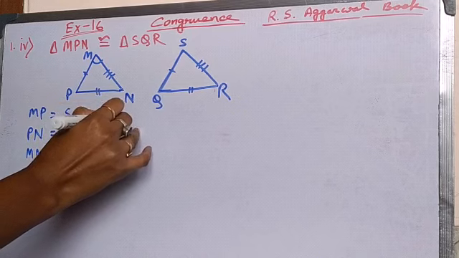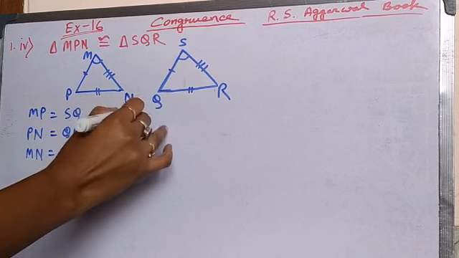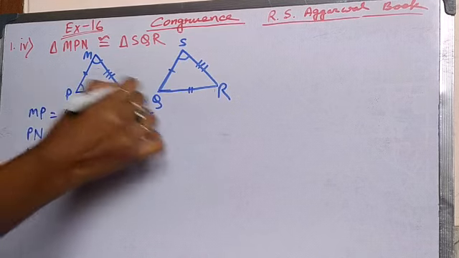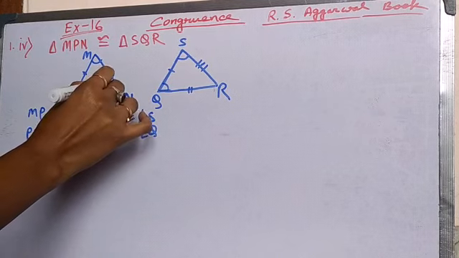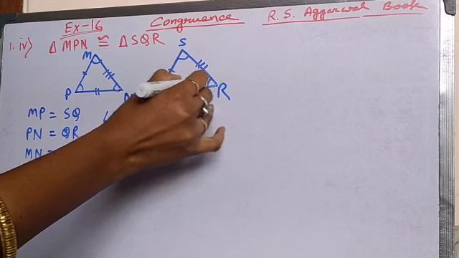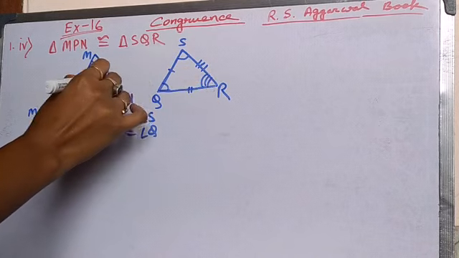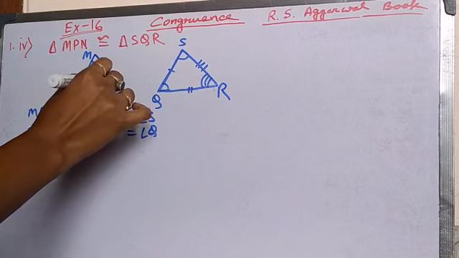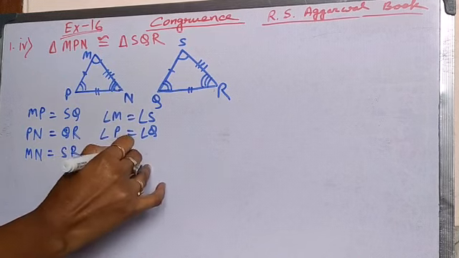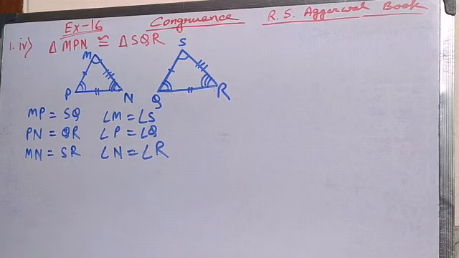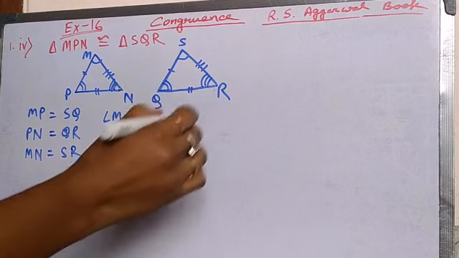Angle M equal to angle S, angle P equal to angle Q, then angle N equal to angle R. Then I am writing the vertices.